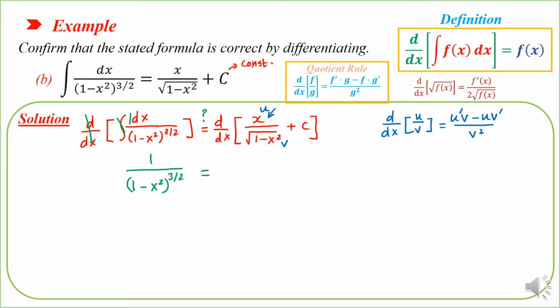u prime, which is the derivative of x, which is 1, multiplied by v, which is square root of 1 minus x squared, minus u times v prime, u which is x, multiplied by v prime. The derivative of the function v is the derivative of a radical or square root function, and this is the rule of the derivative of a square root function: the derivative of the inside function divided by 2 multiplied by the radical function.